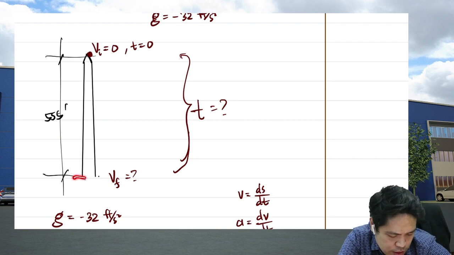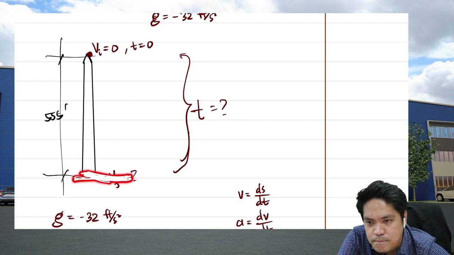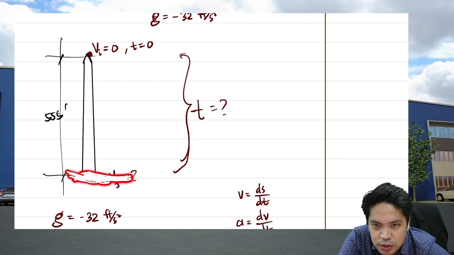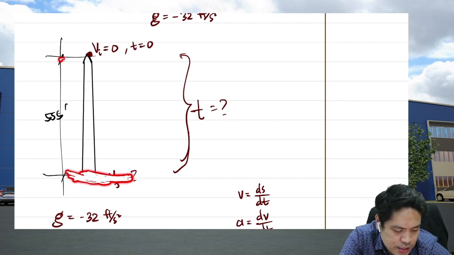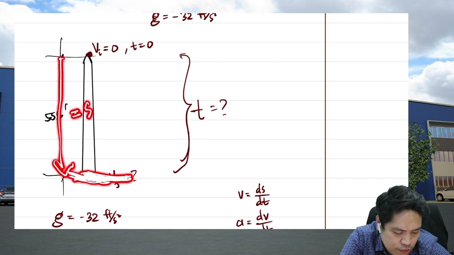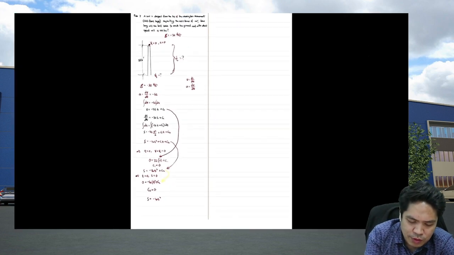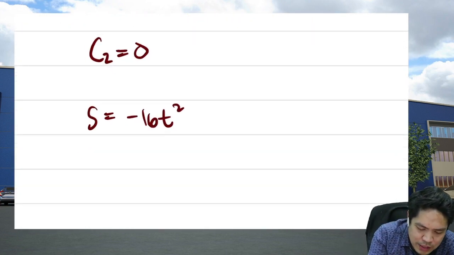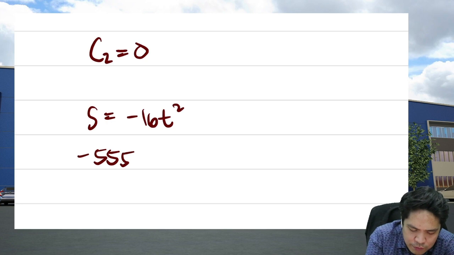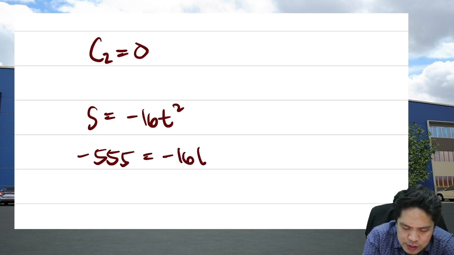So therefore, at this point, the final condition, s is equal to negative 555. So that means negative 555 is equal to negative 16t squared.